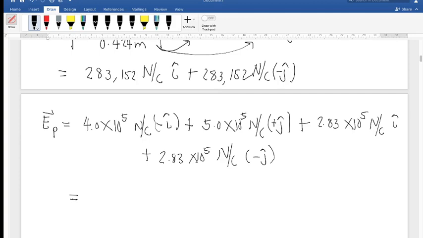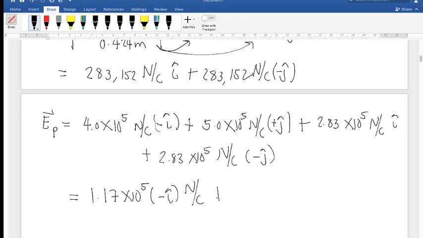We subtract the i hat. Combine the same unit vectors: minus 4.0. So that is equivalent to 1.17 times 10 raised to 5 negative i hat, Newton per coulomb.